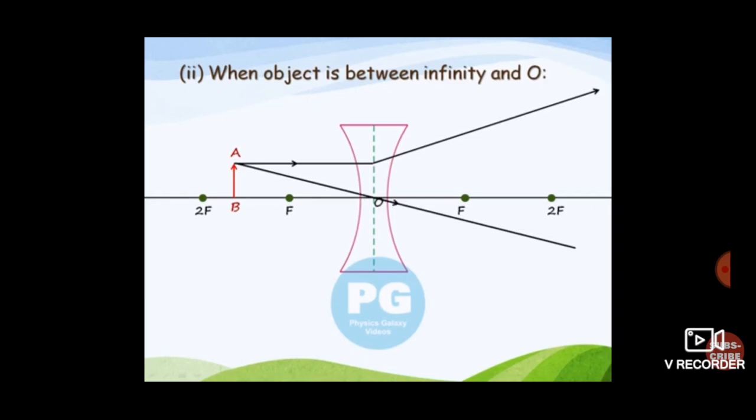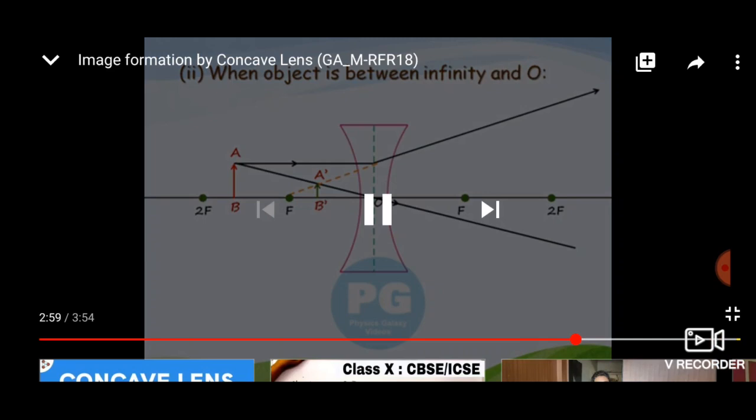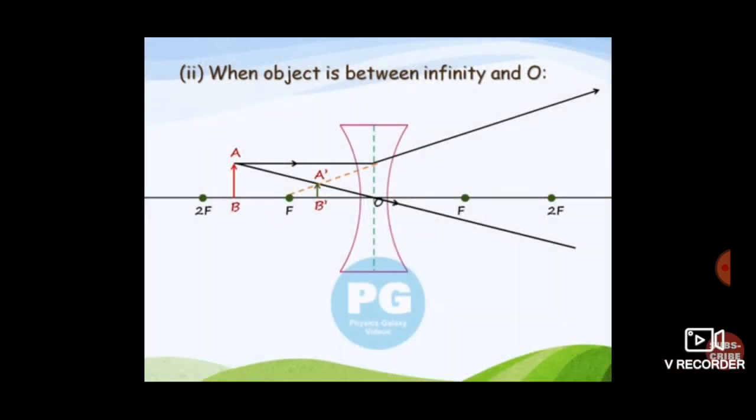These two rays of light appear to meet at, suppose, this point. This point will be the virtual image of point A. And we join this point to the principal axis. We get a virtual image of object AB as A dash B dash.